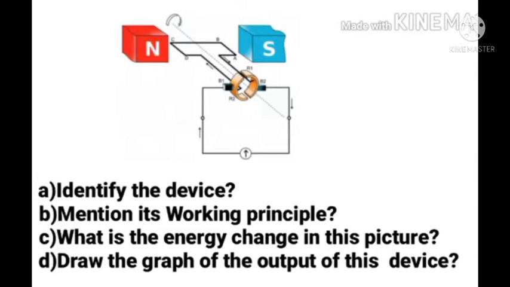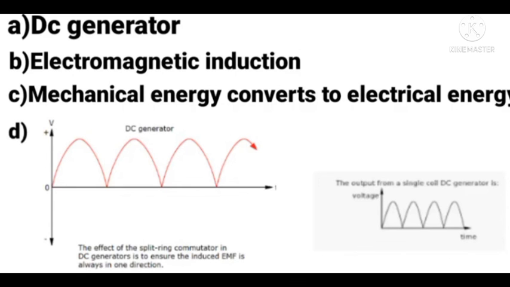Mention its working principle: electromagnetic induction. What is the energy change in this picture? Draw the graph of the output of this device. Here the graph is given. In this DC generator, mechanical energy converts to electrical energy. DC generator output is unidirectional, so current is given only in the positive direction. So it is the graph of a DC generator.